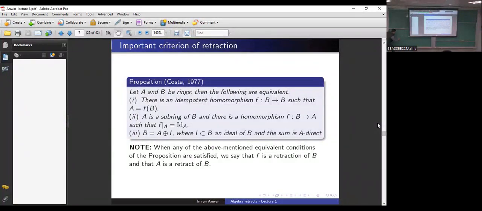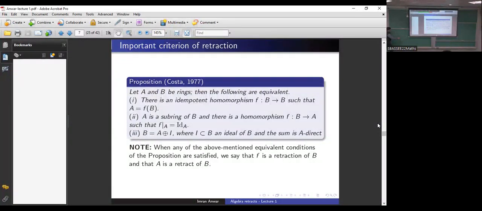So the morphism is somewhere here, and A is somewhere already here, and your map is a kind of a cheat in the sense that you are going from B to B, and the restriction of F on A is already the identity.